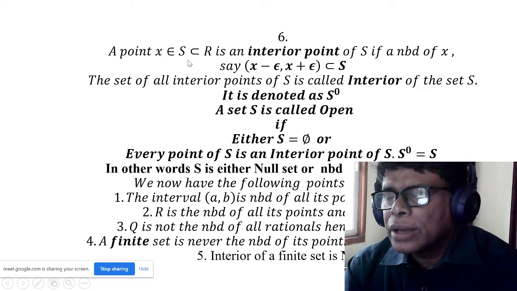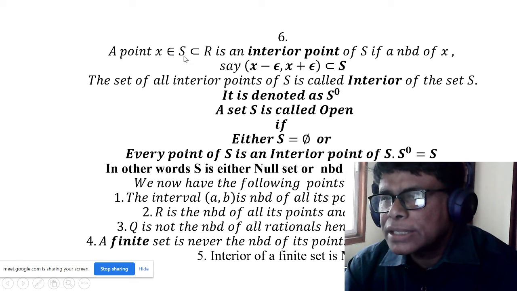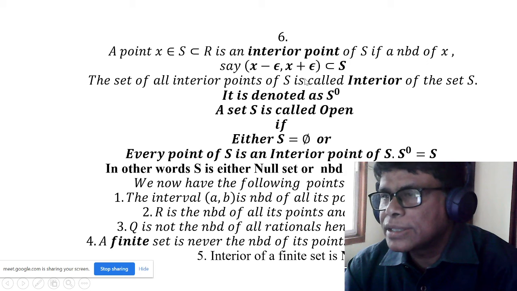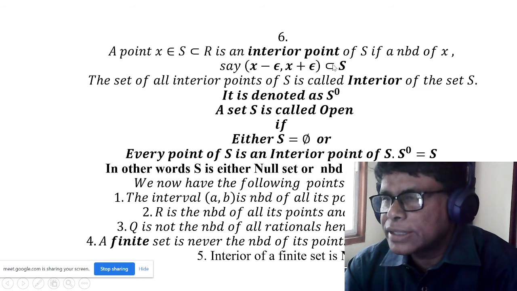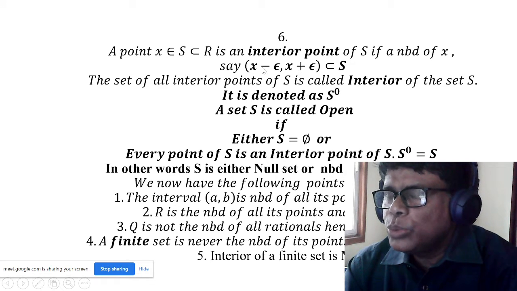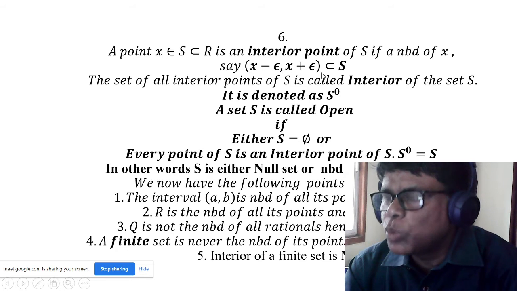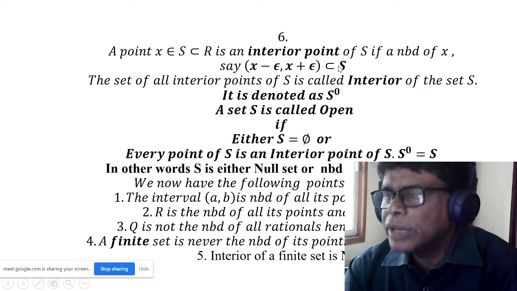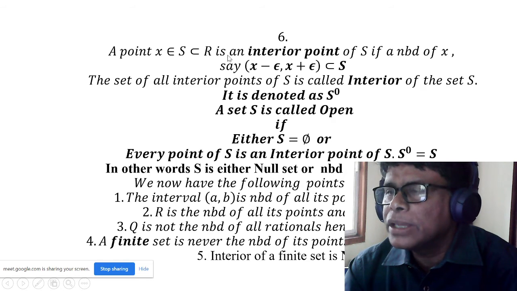Suppose x belongs to S and S is a subset of R. Now this x is called an interior point if a neighborhood of x, say an epsilon neighborhood, is fully contained in S. You choose a neighborhood, however small, that must lie within the set S. Now, if epsilon runs over infinite values, there are numerous neighborhoods of the point x.